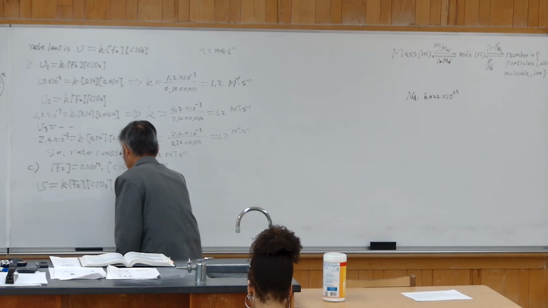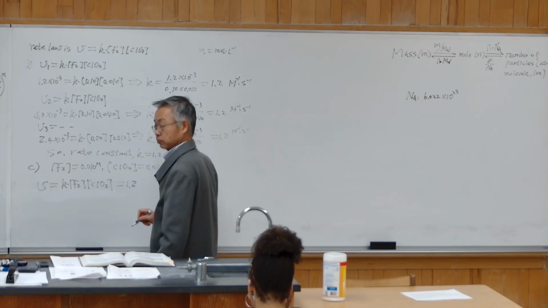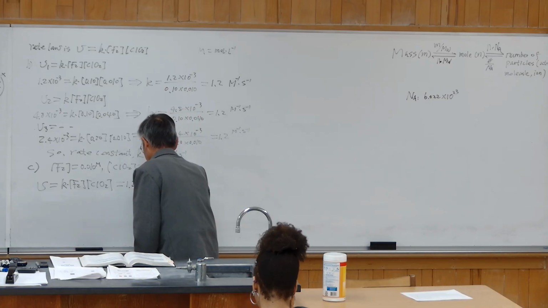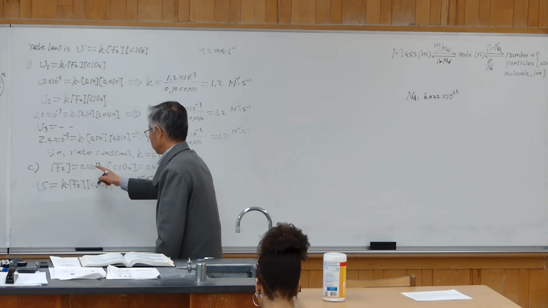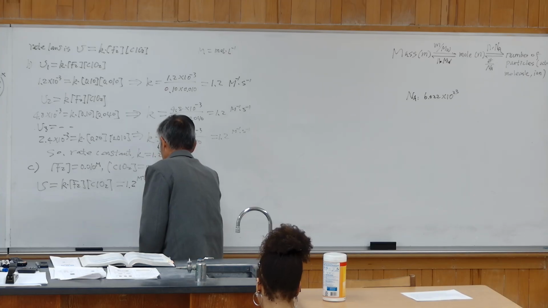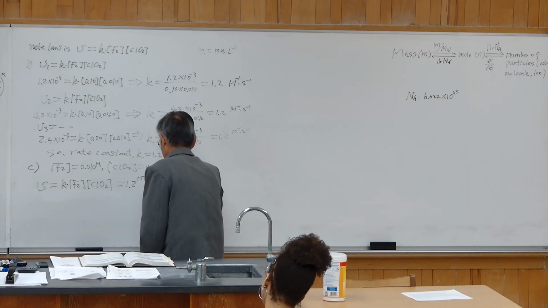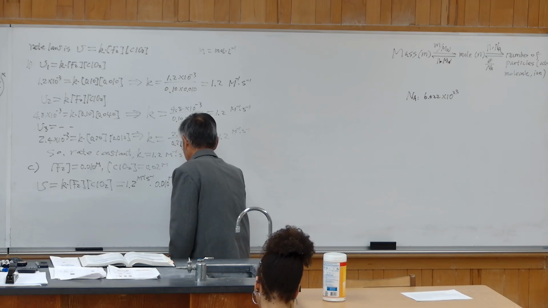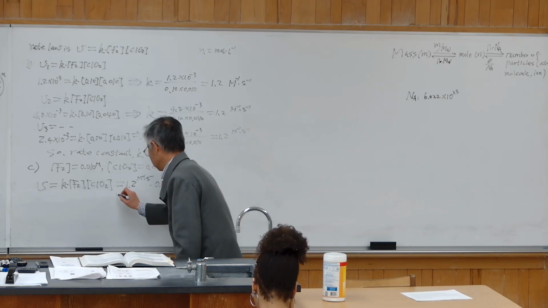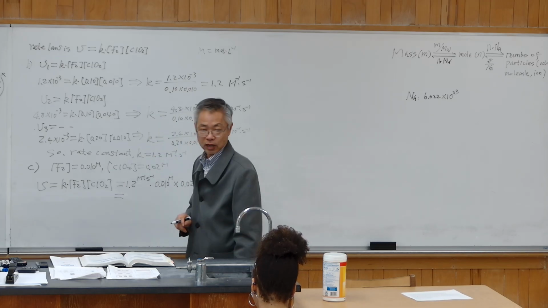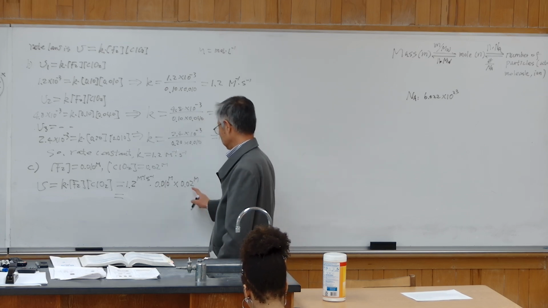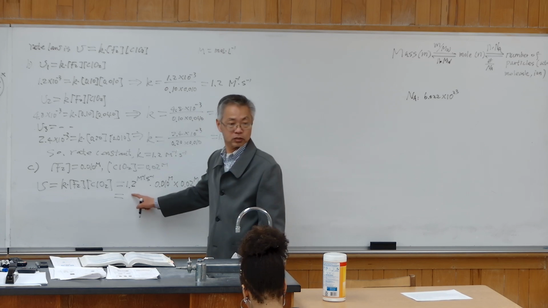So 1.2 per molar per second times F2 is 0.01 molar, ClO2 0.02 molar. Then just use your calculator. 0.01, 0.02. 2 times 1.2 is 2.4.